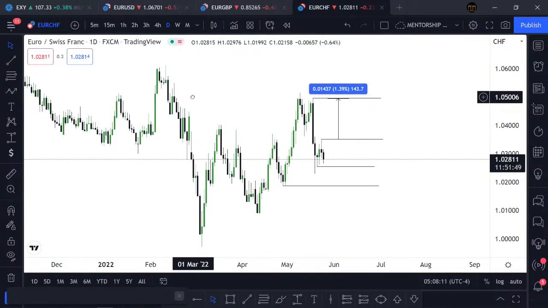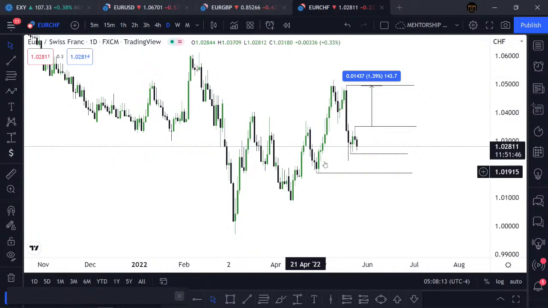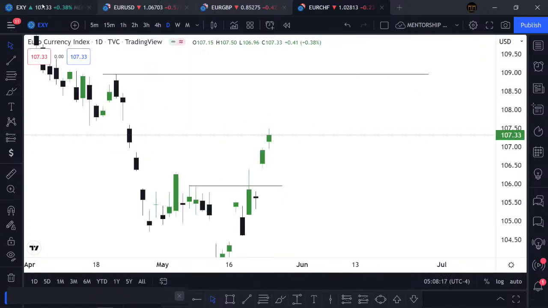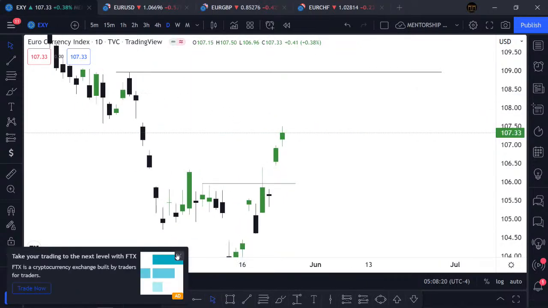Let's look at the pound index. So the pound index.